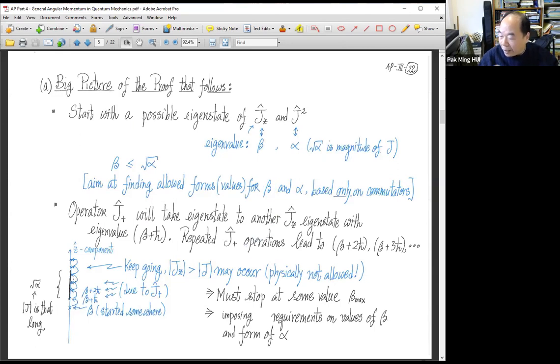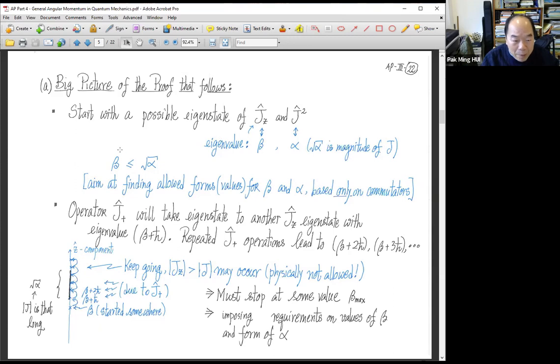The reason is that if you start at any value of beta, and keep on operating with the raising operator, the eigenvalue will keep on increasing: beta plus h bar, 2 h bar, 3 h bar, and so on.